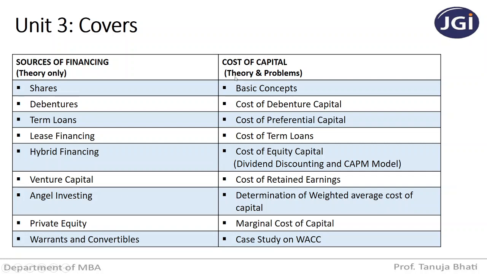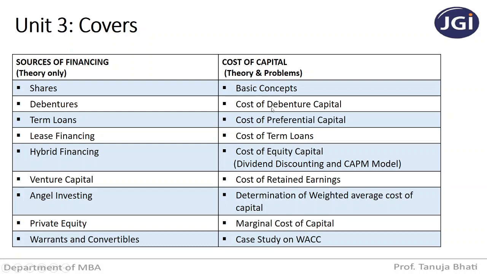In the later part, we will be seeing the cost of capital. Once we have received the capital through these sources, what is the cost involved to receive the capital is the calculation part, which covers theory and problems.